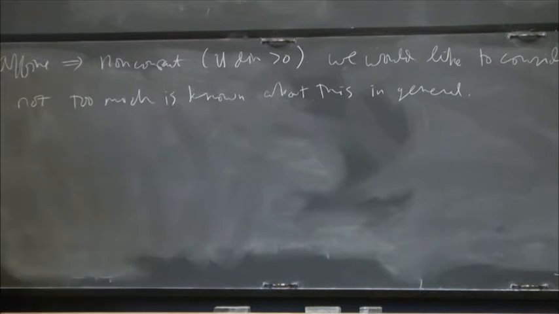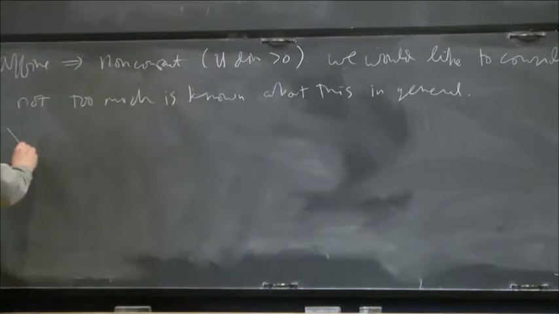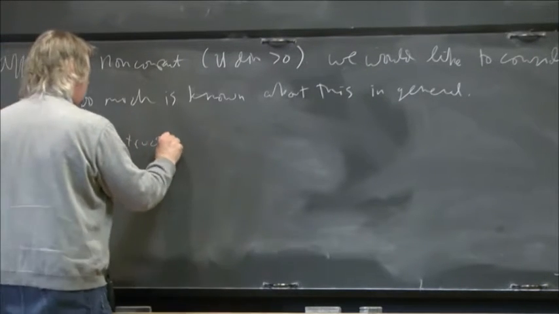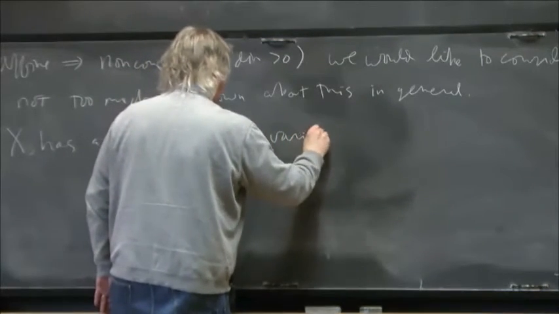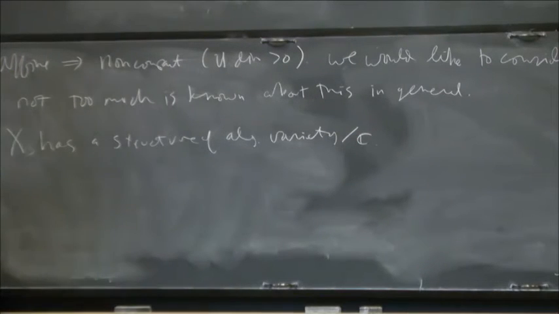This comes from the fact that X has a structure of algebraic variety over C, and here we've just used the topological structure, the fundamental group.